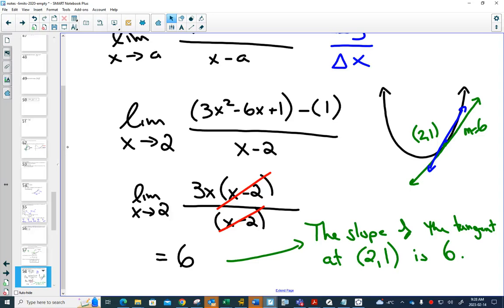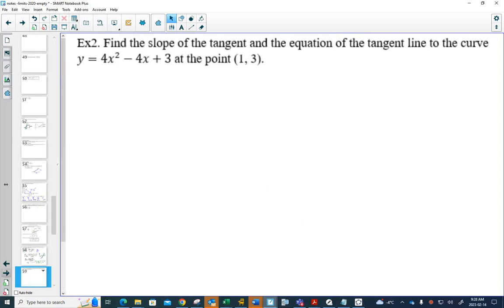And can you see that that secant line would approach the tangent whether you came from the bottom or the top, the left side limit or the right side limit, would not matter. It would approach that same line. So we are able to draw this tangent line perfectly and know what its slope is. Relatively easy.